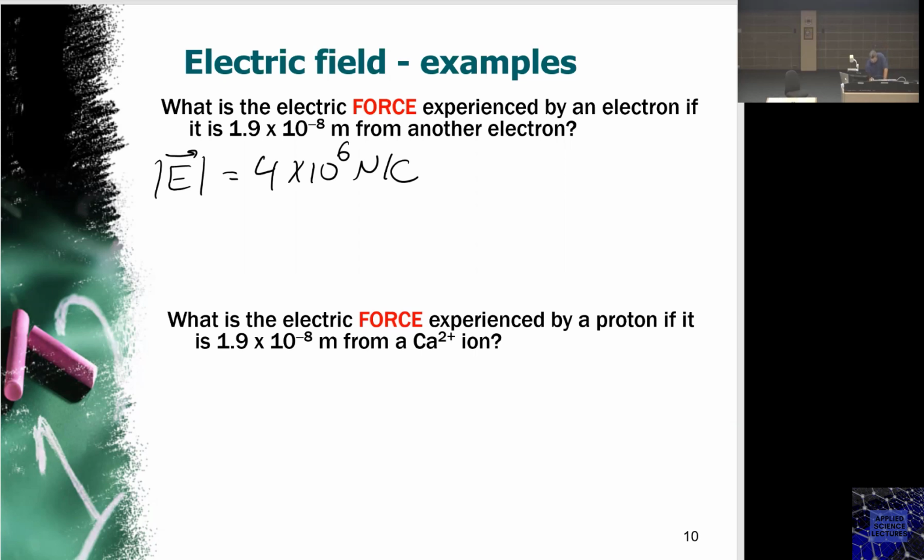So here I have my capital Q as being an electron at that distance. Now I know the electric field is pointing this way. And the force, because it's an electron, so my small letter q is negative, would be pointing in the opposite direction.